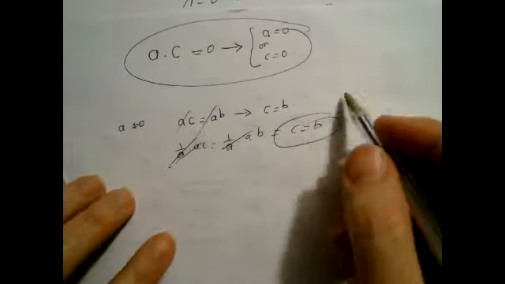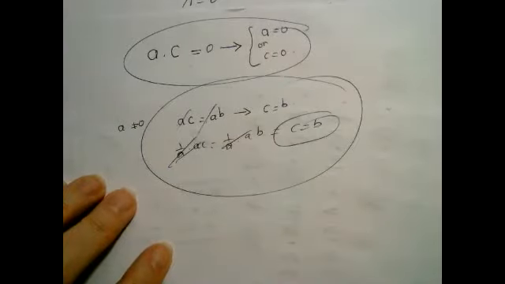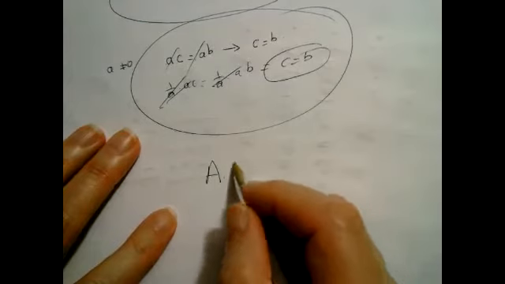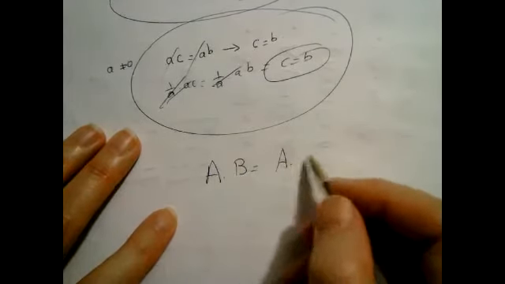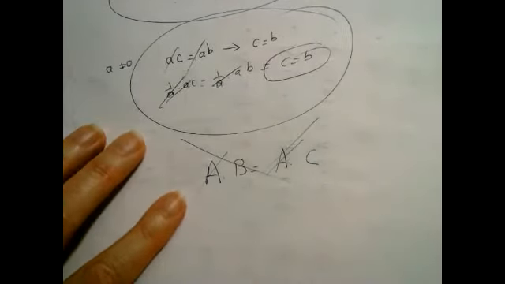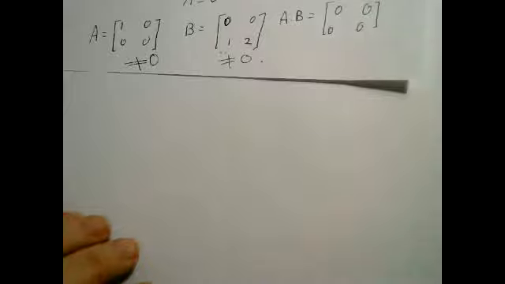Okay? This doesn't work for matrices. In other words, in matrices, if you have A times B equal to A times C, you cannot cancel. This absolutely doesn't work for matrices. So what's the situation? The situation is the following, and that will be one of your problems. I will not give an example. So 3 is the following.